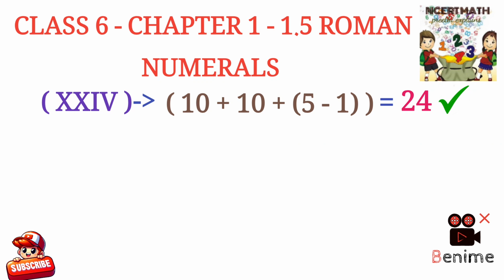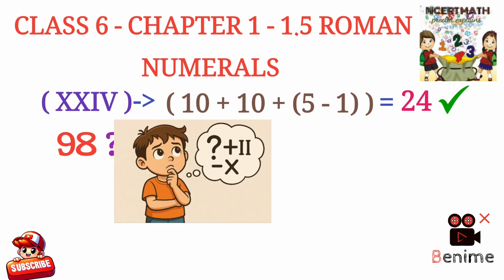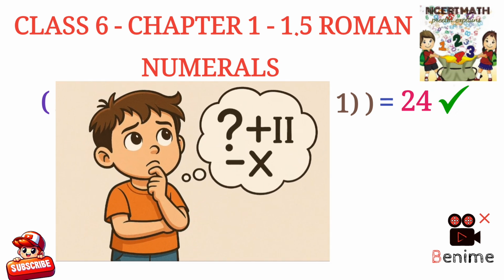So what do we have to do? We have to subtract 1 from 5. That means 10 plus 10 plus, inside the bracket, 5 minus 1, because the symbol V is right next to I. In this case you have to make a subtraction.